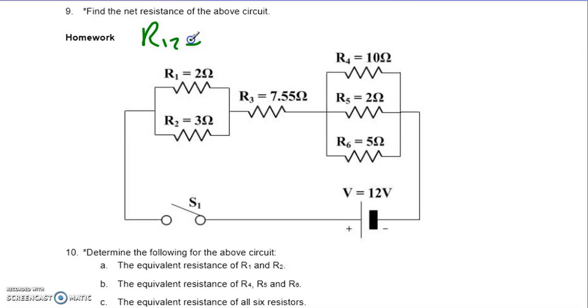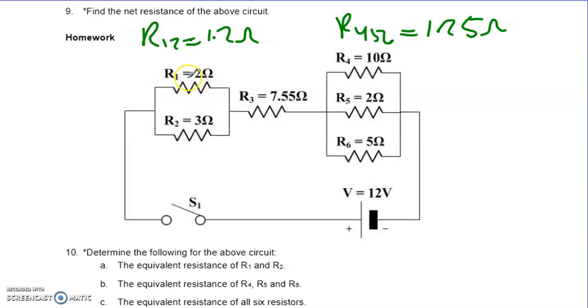So R12 is 1.2 ohms, R456 is 1.25 ohms. Okay, so what happens next is if R12 has become a single circuit and R456 has become a single circuit, R12 must be in series with R3, which must be in series with R456.